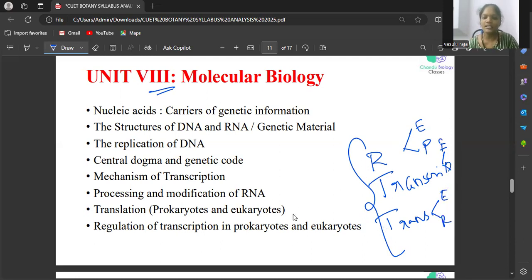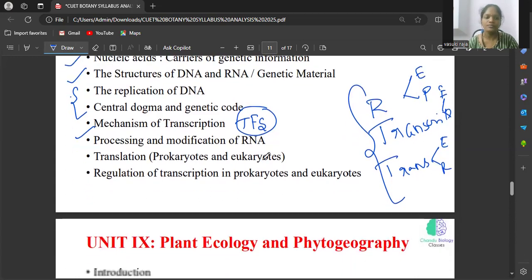If we study like this, everything will be covered, along with the basic information about nucleic acids, the basics of DNA and RNA, the mechanism of transcription, the transcription factors and the functions of each transcription factor. Like that, we have to cover the translation part also. The same thing I explained for zoology is applicable for botany also.